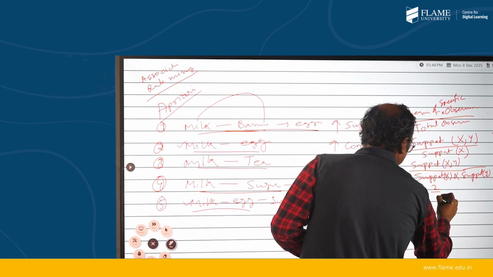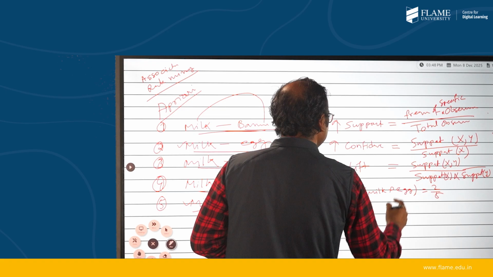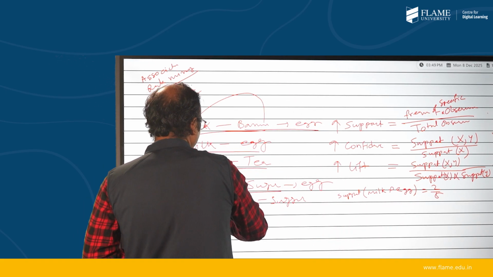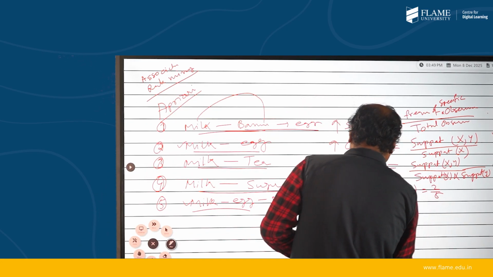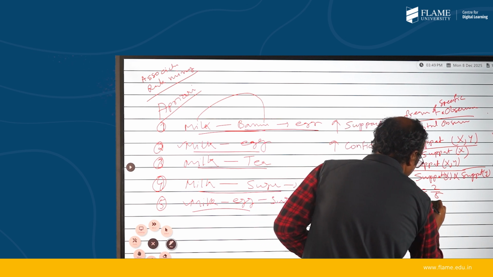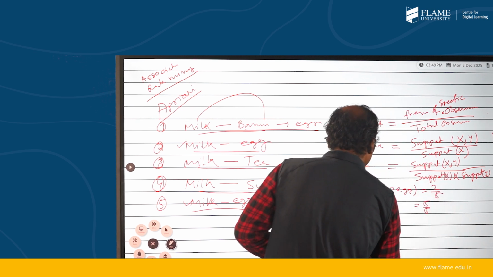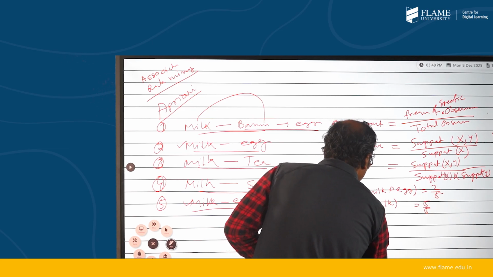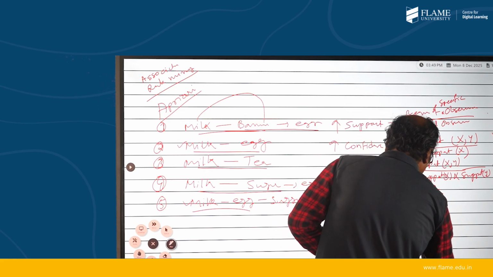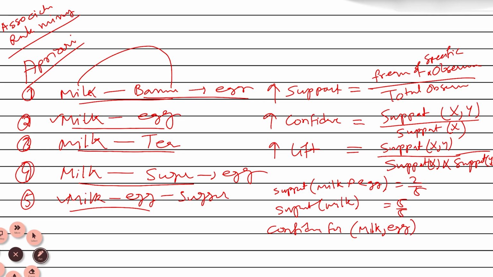And for support of x, that is the support for milk, how many times does it appear? 1, 2, 3, 4, 5, so 5 divided by 5. So the support of milk is 5 divided by 5. So the confidence for the milk egg pair is 2 by 5 divided by 5 by 5. That is nothing but 2 by 5, 0.4.